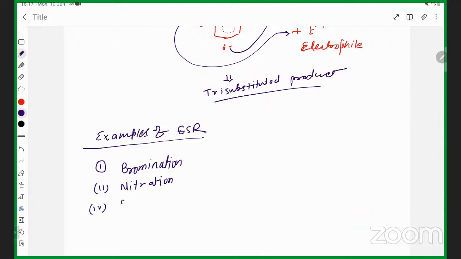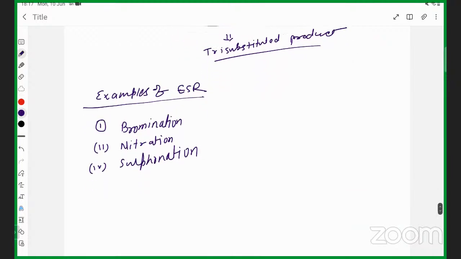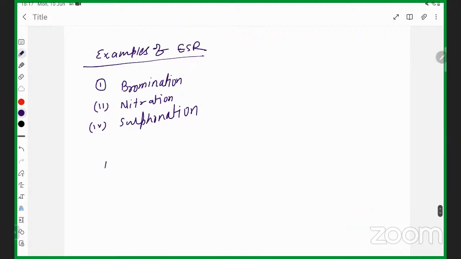Then it is sulfonation. So these three reactions are there, as it does not give the Friedel-Crafts reaction. So first we are going to study the bromination.